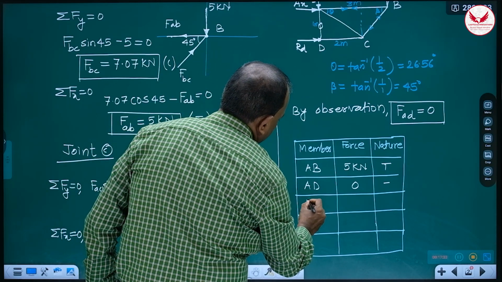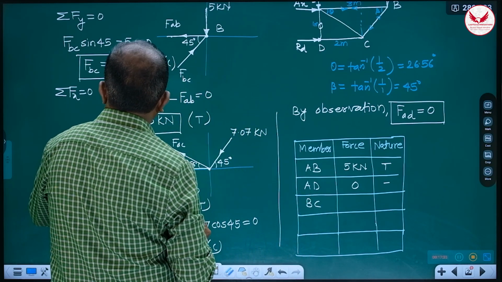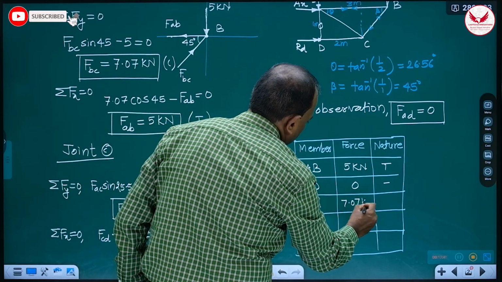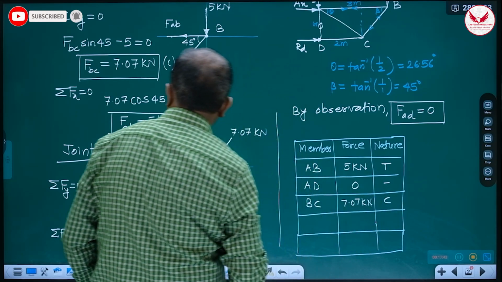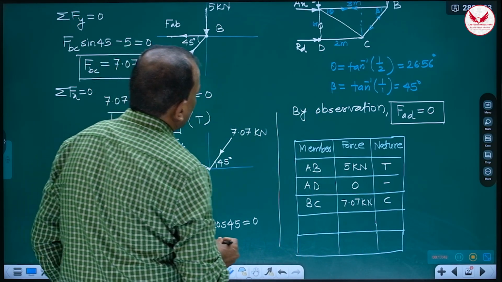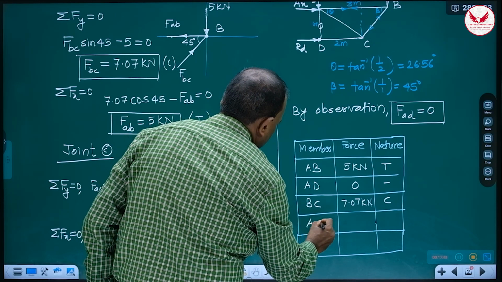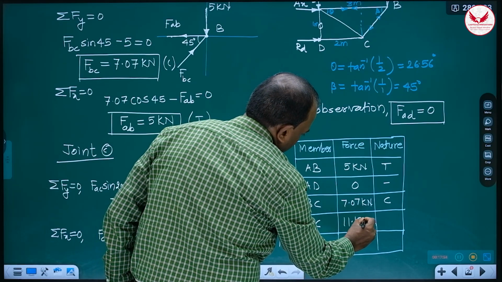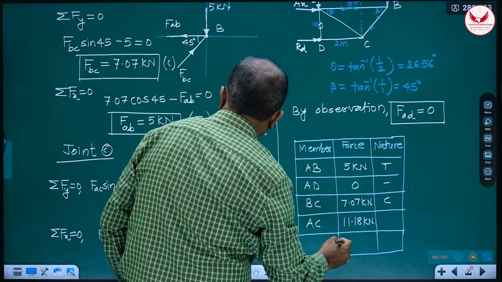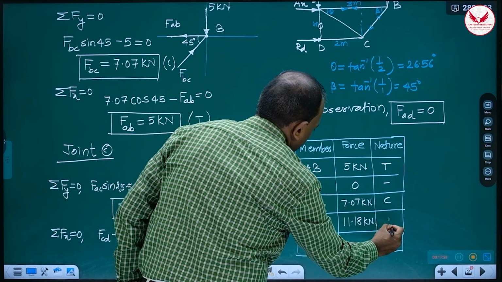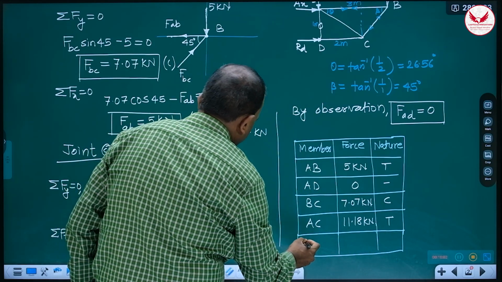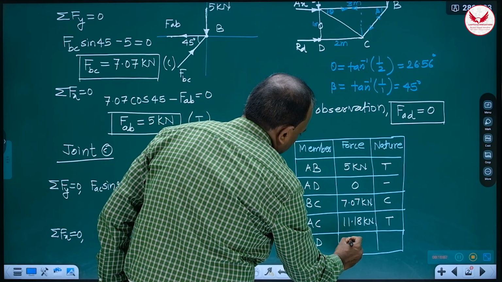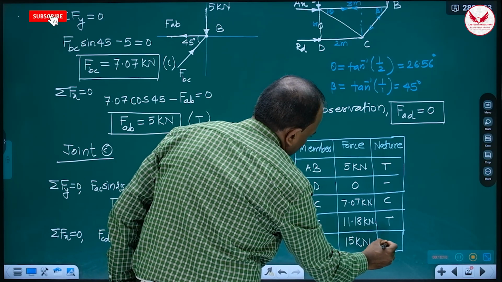Then BC is going to be 7.07 kilonewton compressive. Then AC member is 11.18 kilonewton. It is tensile. And the last 5th member is CD. That CD member is 15 kilonewton compressive.